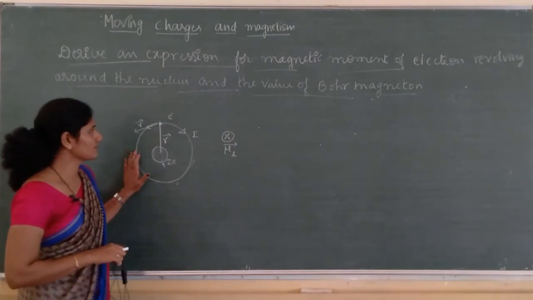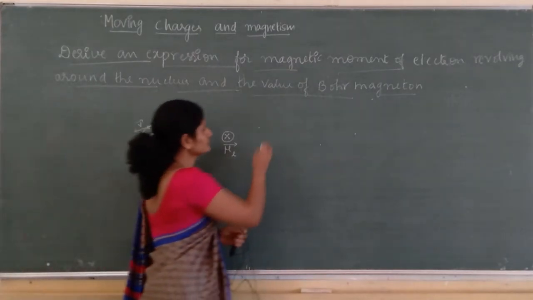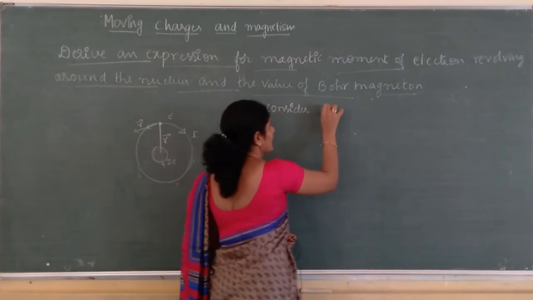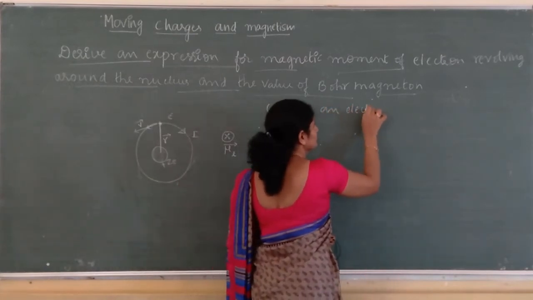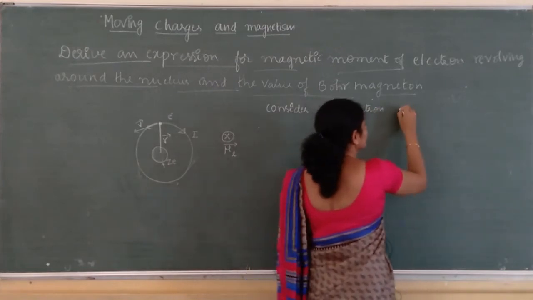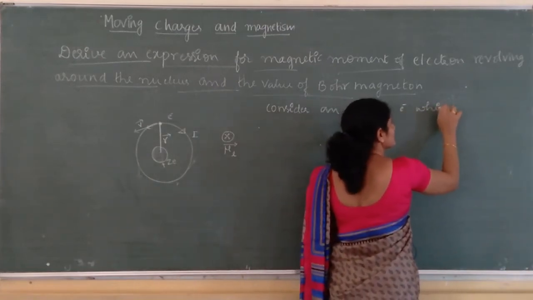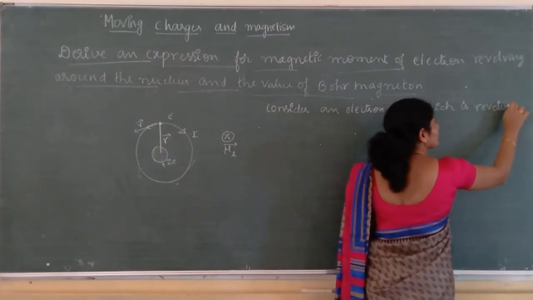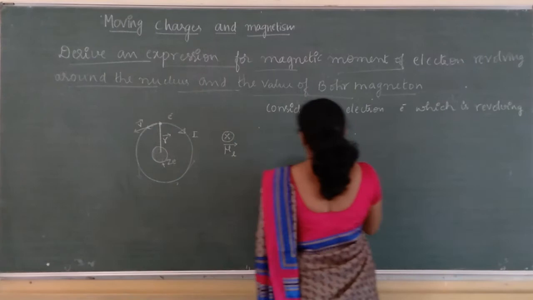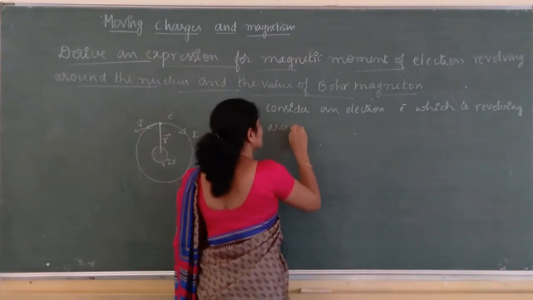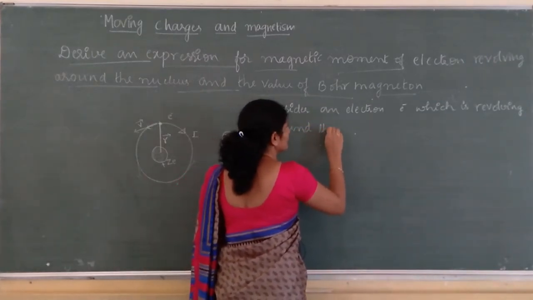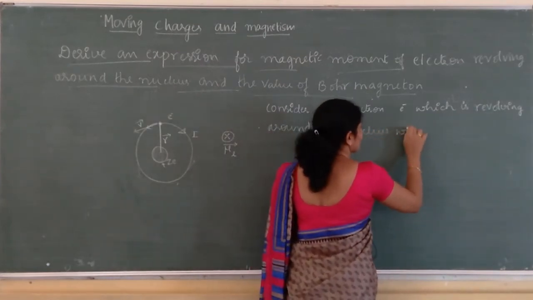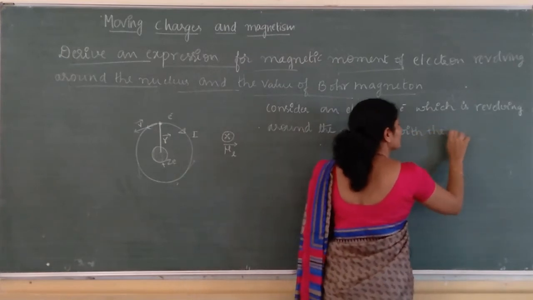So, consider an electron, e, revolving around the nucleus with the speed v.